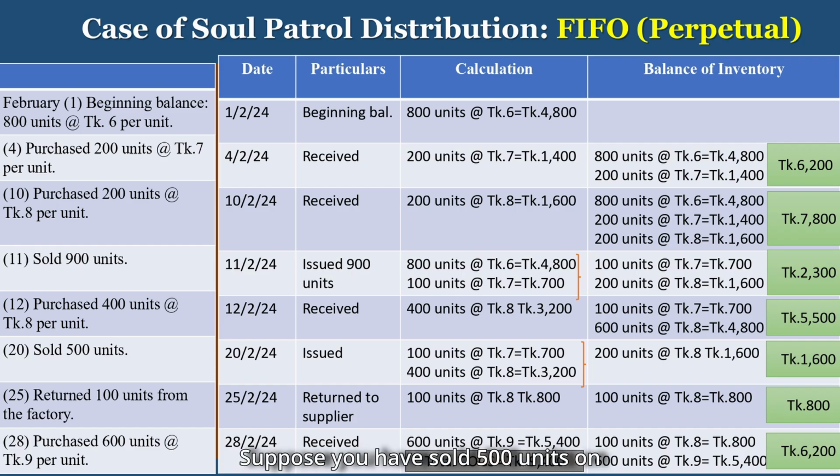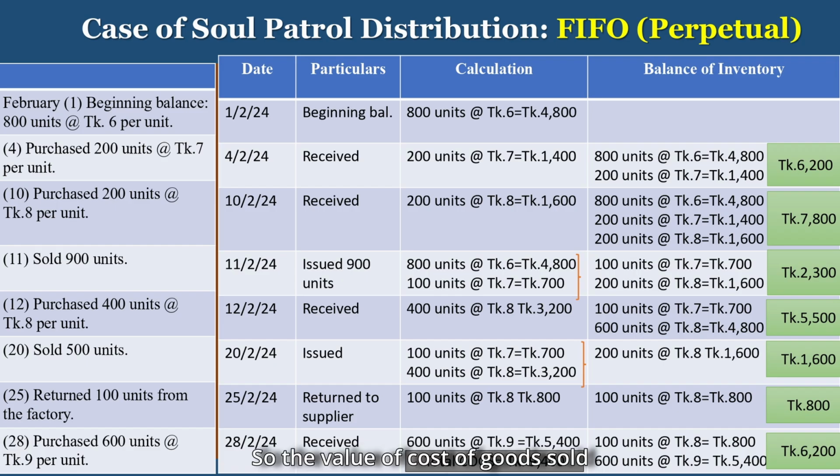Suppose you have sold 500 units on February 20, and here we can determine the value of cost of goods sold like this way. Under the FIFO method, we should assume that the 100 units that were bought at taka 7 should be sold first, and then 400 units out of the 600 units bought at taka 8 would be sold.